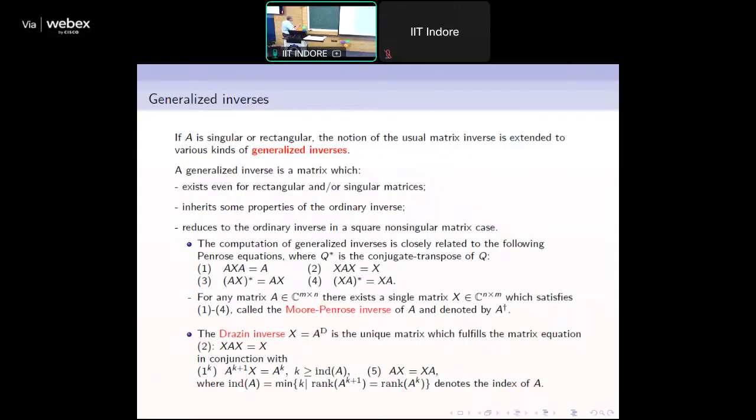Okay, we can speak about this BMP. Then there was a composite generalized inverse based on the group inverse here.